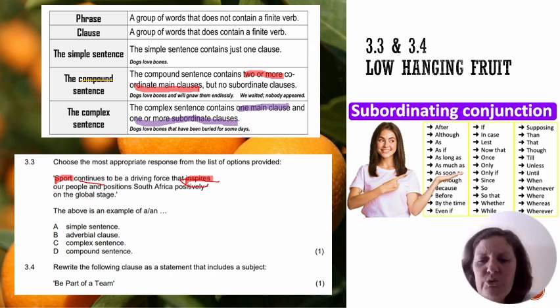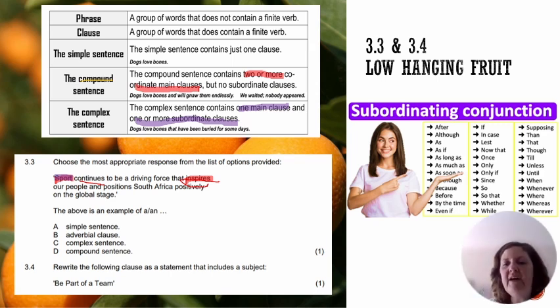It's a complex relationship. There are levels within a complex sentence. There are relationships, right? And in this sentence, sport is a driving force, and it's a driving force that inspires us, okay? So the inspiration and the sport being a driving force are very much related to each other. The clauses cannot stand alone, and so it is a complex sentence.